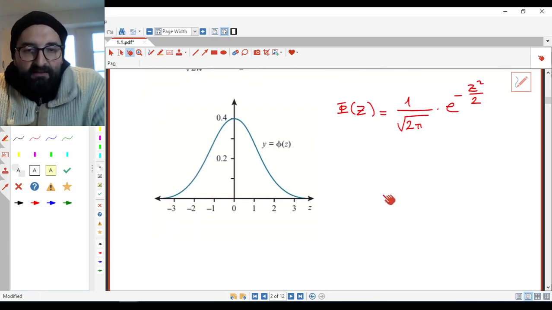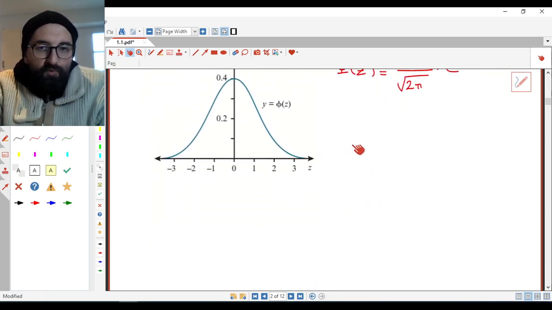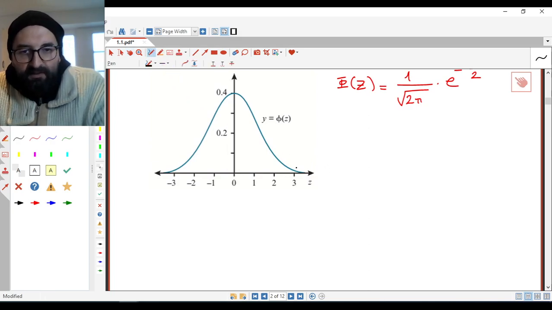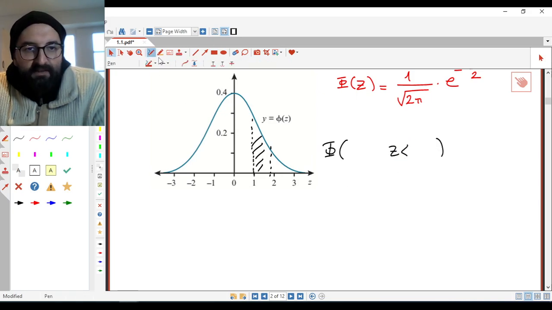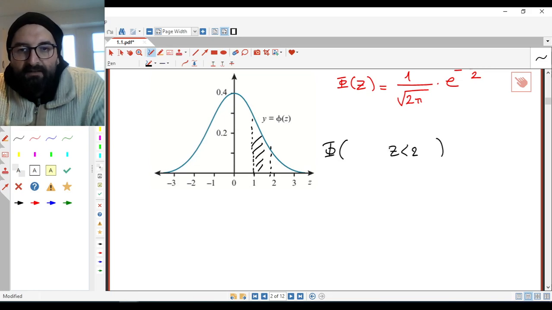Okay, and then if you want to find, for example, the probability from 1 to 2, you have to write z greater than 1 and less than 2, and you can find the probability from this function.